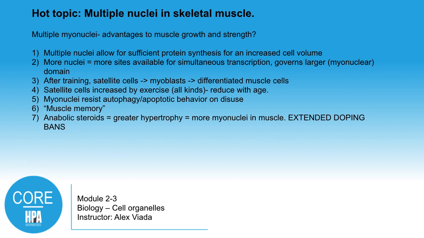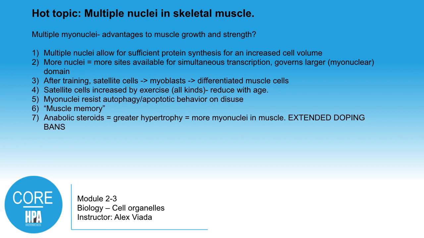But a lot of the debate about muscle memory and doping bans, and even talking about any quote-unquote advantages held by male to female trans athletes, a lot of it is very subjective and has to do with what tissue is being examined. So that's a little bit about multiple nuclei in skeletal muscle.